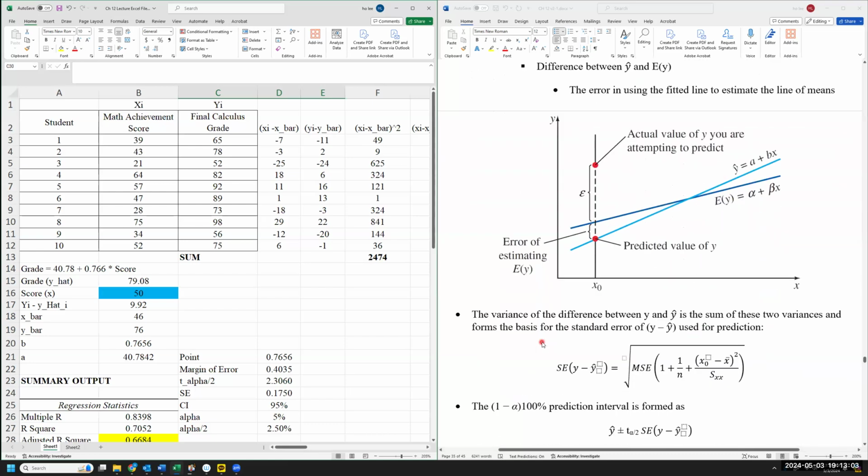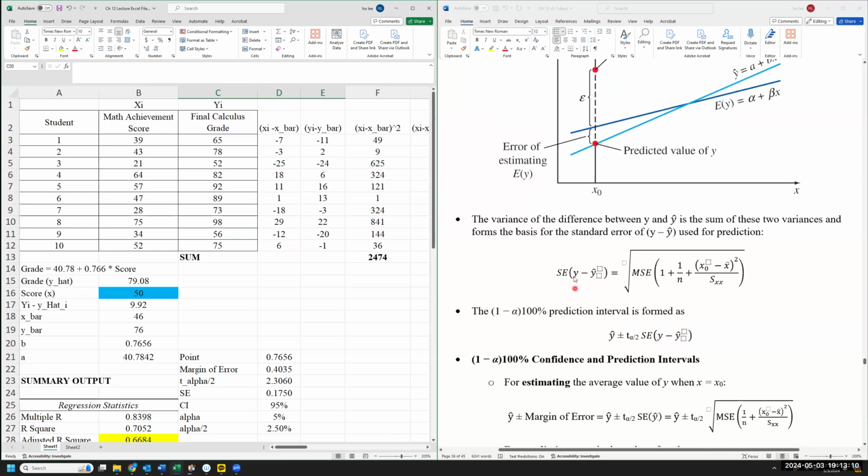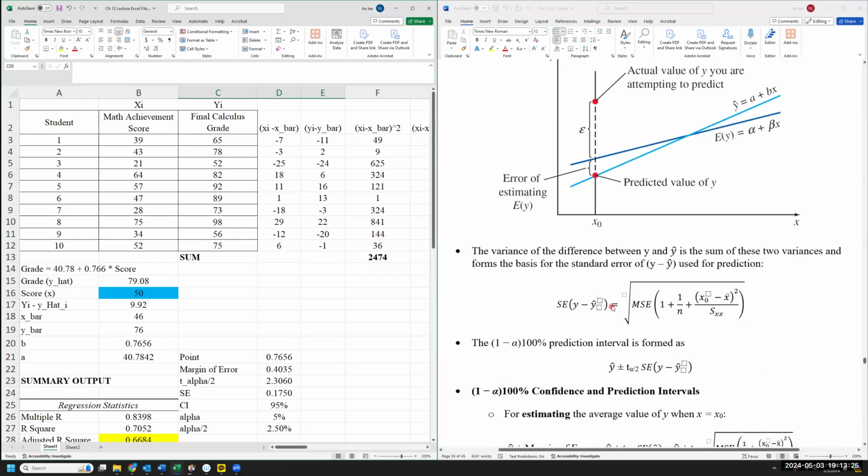So how do we do that? Well, we add an additional noise term. And so the standard error of y minus y hat is what we need to consider. That is equal to the square root of MSE times (1 plus 1 divided by n plus (x naught minus average x) squared divided by SXX).